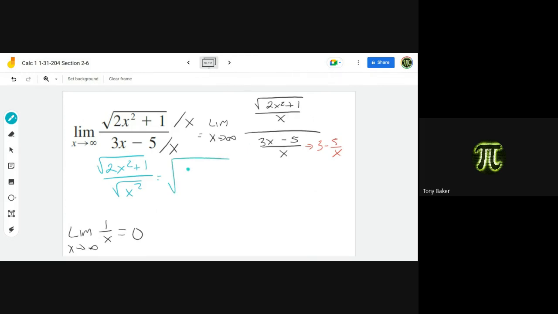And since I have a square root on the top and the bottom, I can now put it together. This is still over that whole piece. I'm just literally looking at the top, and then I'll put it all back together. That's why I was doing it in a different color. So now this becomes the square root of 2 plus 1 over x squared.